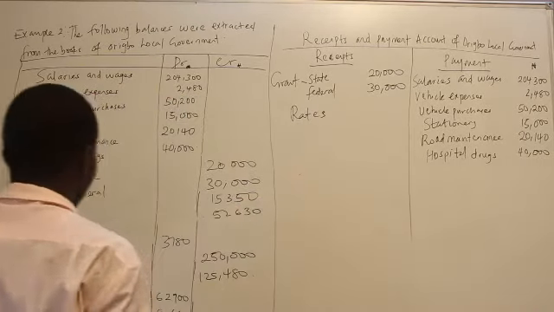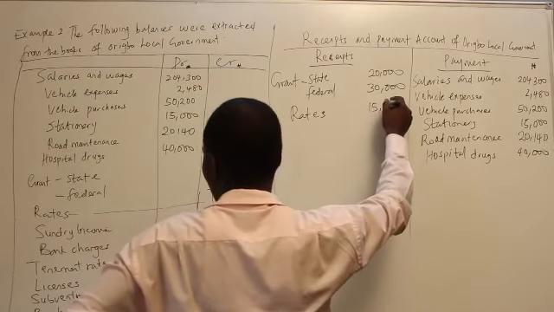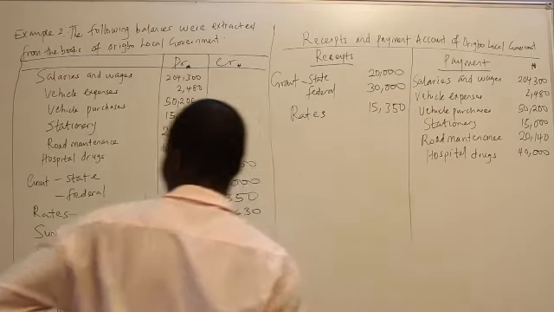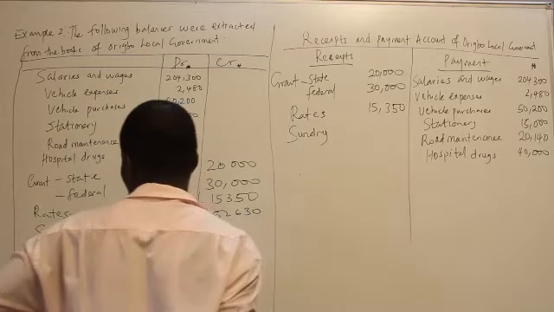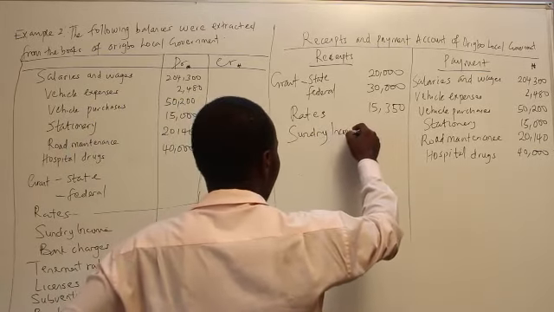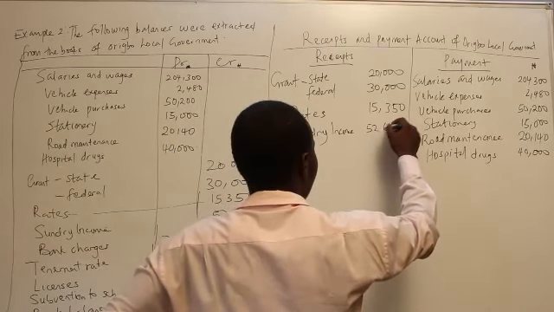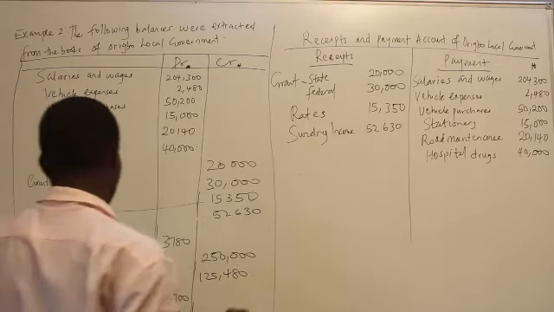Rates is 15,350. So we have surgery income, which explains itself. It's also received. We have 52,630.